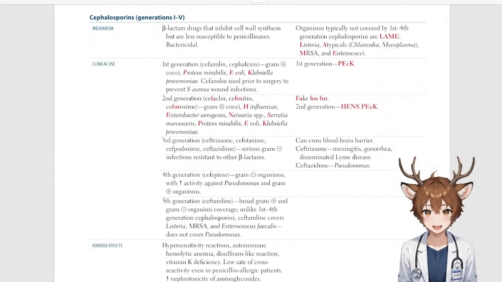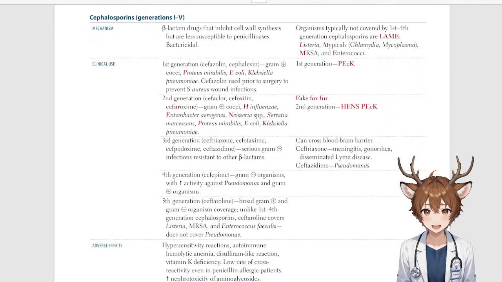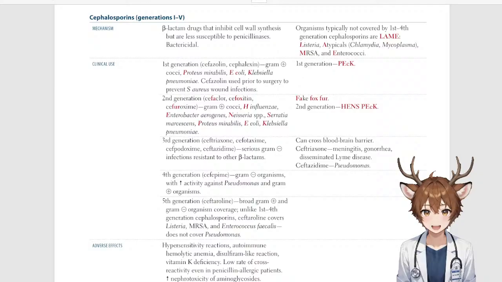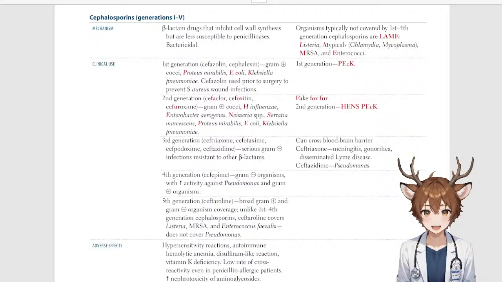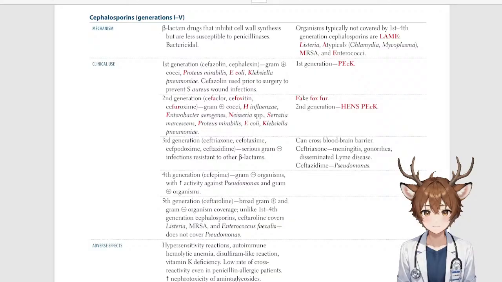Organisms typically not covered by the 1st through 4th generation cephalosporins are LAME: Listeria, atypicals like chlamydia and mycoplasma, MRSA, and enterococci. So bear that in mind.